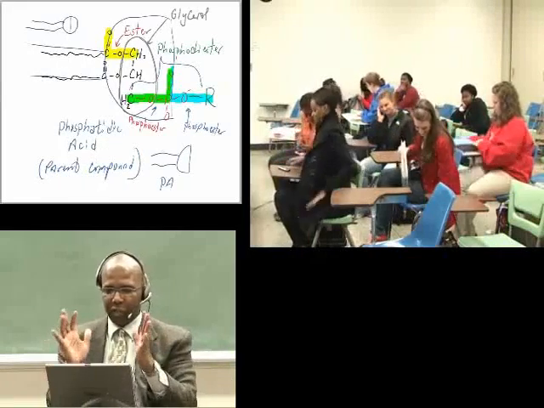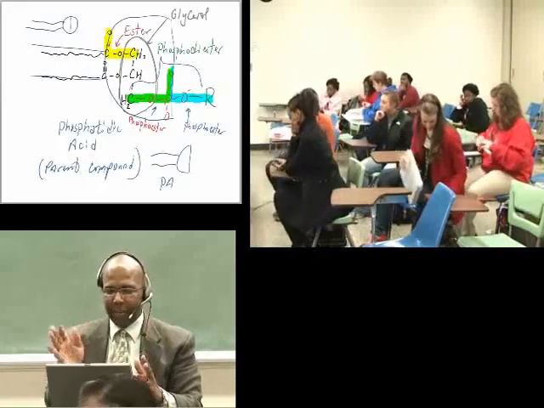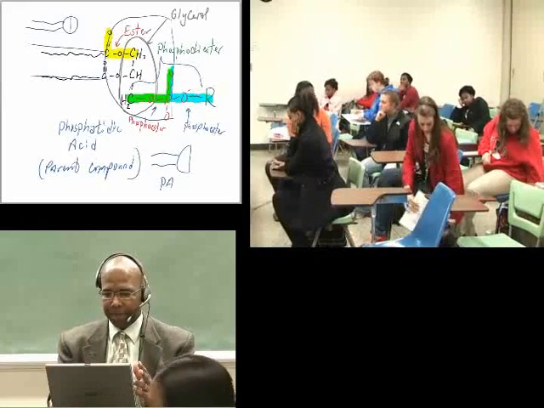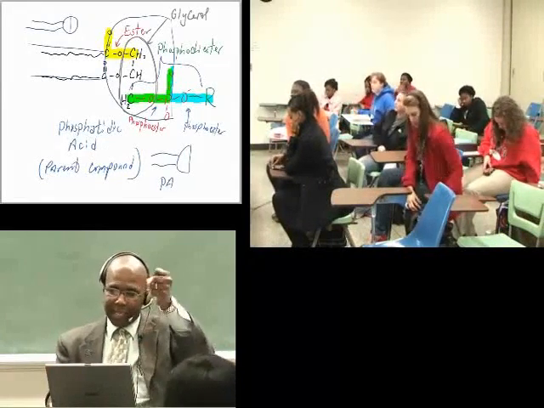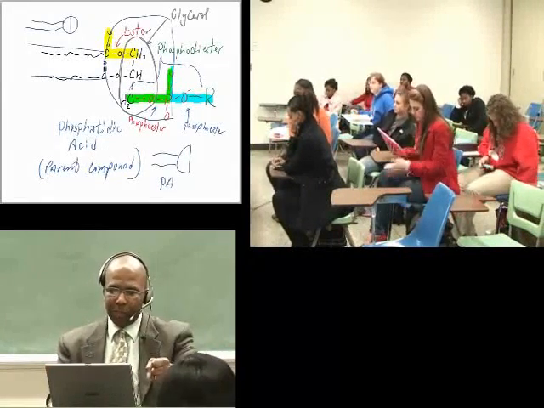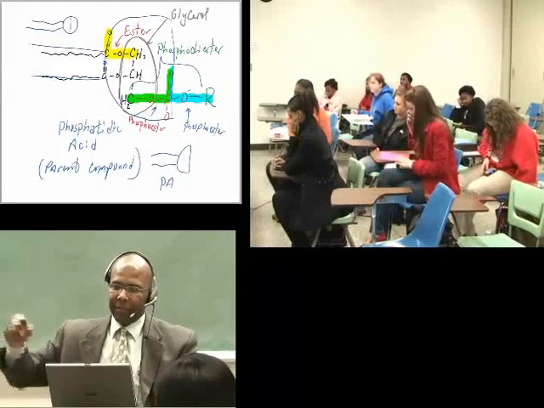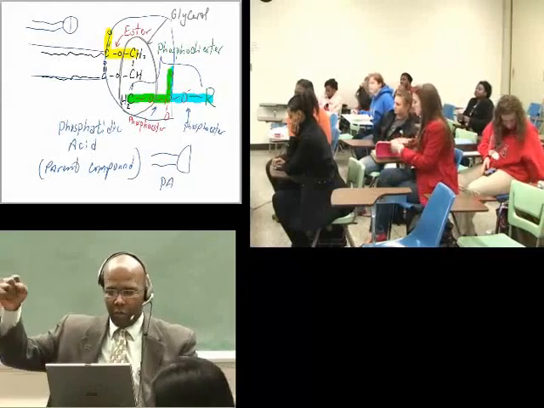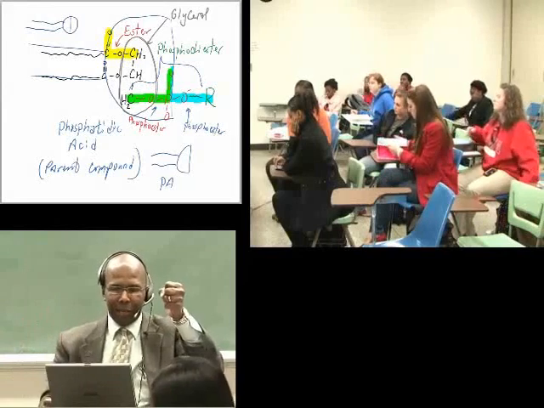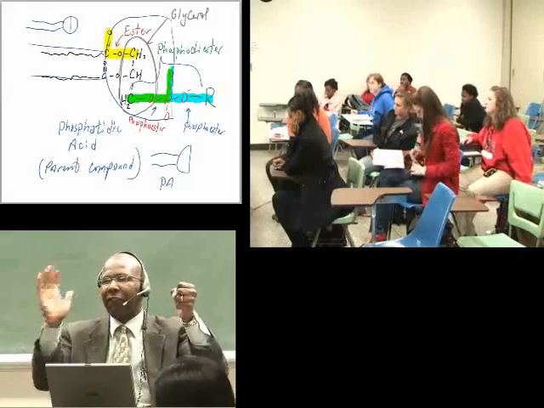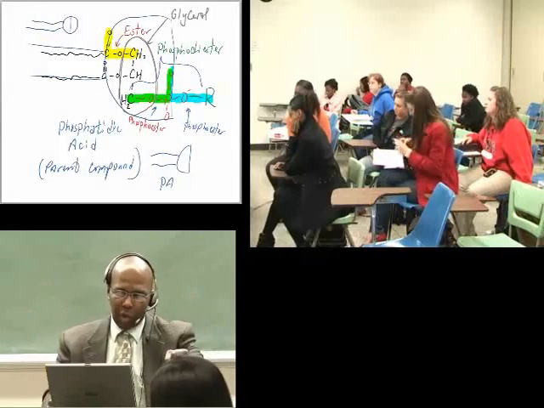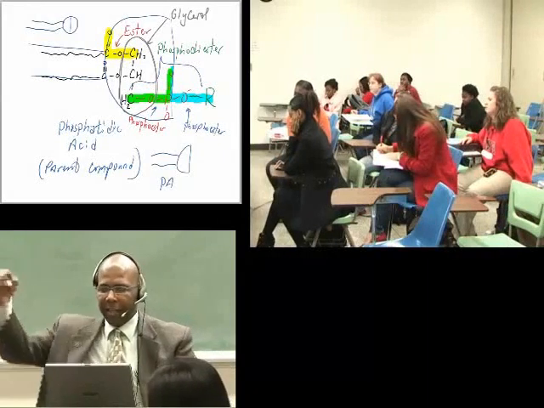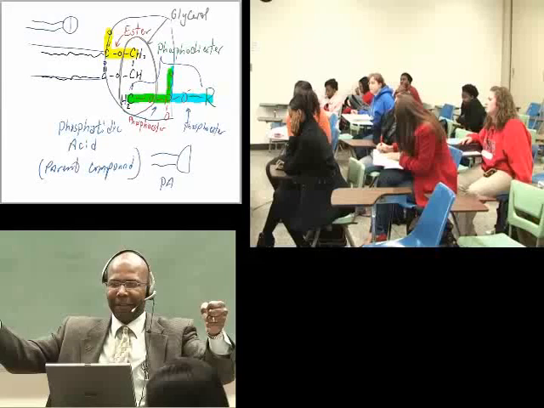Okay, question 1. What's the name of the bond between the glycerol of a phospholipid and, in something like phosphatidylethanolamine, the name of the bond between the glycerol and ethanolamine?